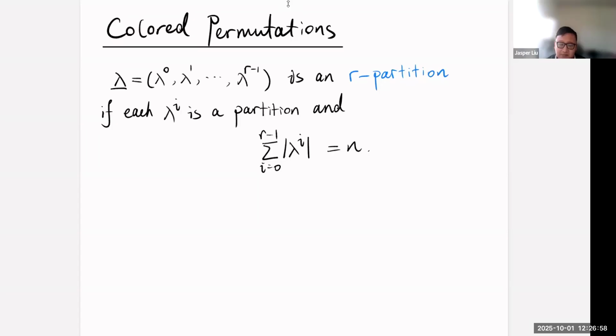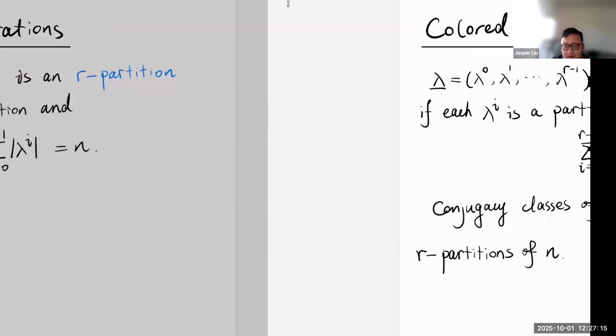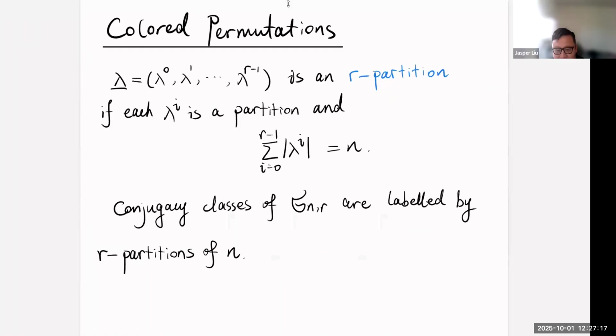The conjugacy classes are labeled by these R-tuples of partitions, using upper indices to indicate that each of them is a partition, and the total size of the partitions should equal n. The conjugacy classes, as well as the irreducible representations, of the colored permutations are labeled by just R-tuples of partitions.